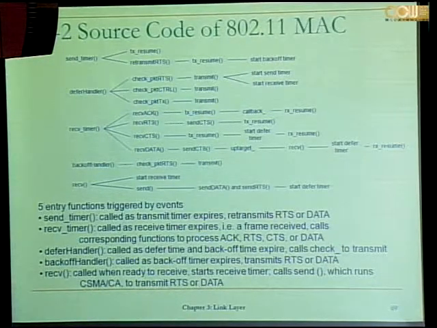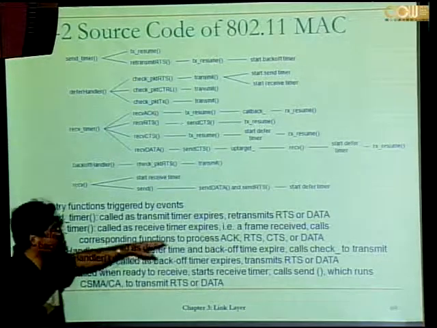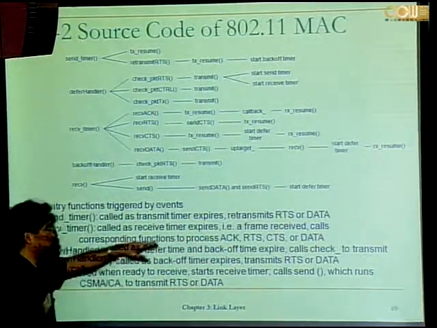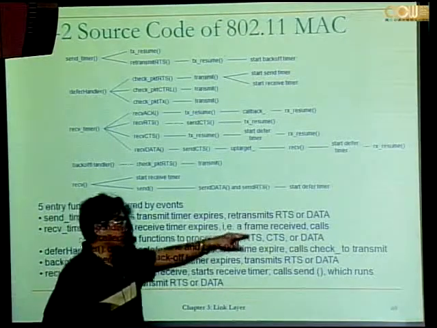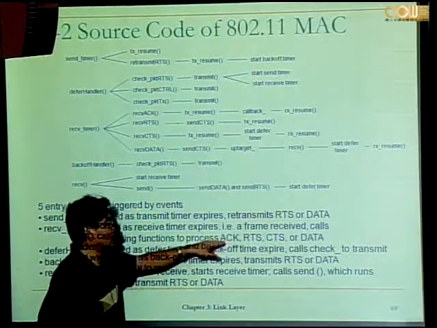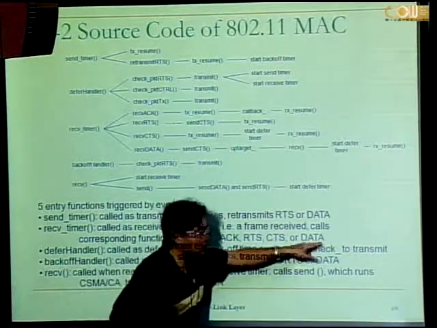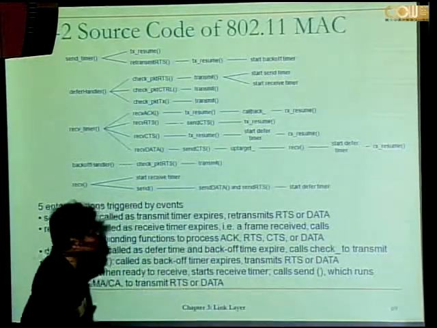You are blocked there. And if a frame arrives, then the timer will expire and the function will return. And then you call the corresponding function to process the received frame. The received frame could be ACK, RTS, CTS, or data frame. So basically 4 kinds of frames that you need to process.